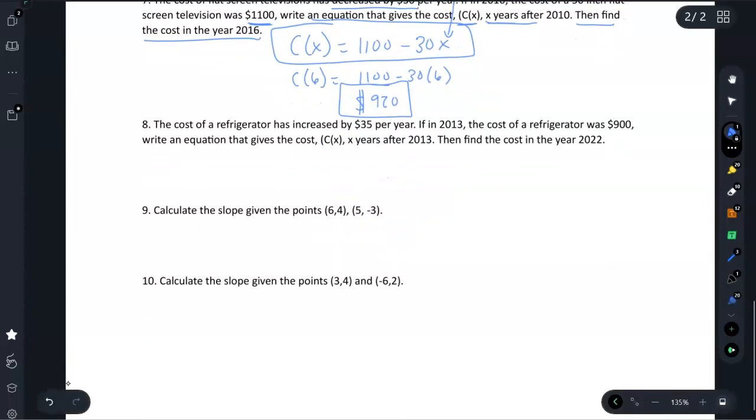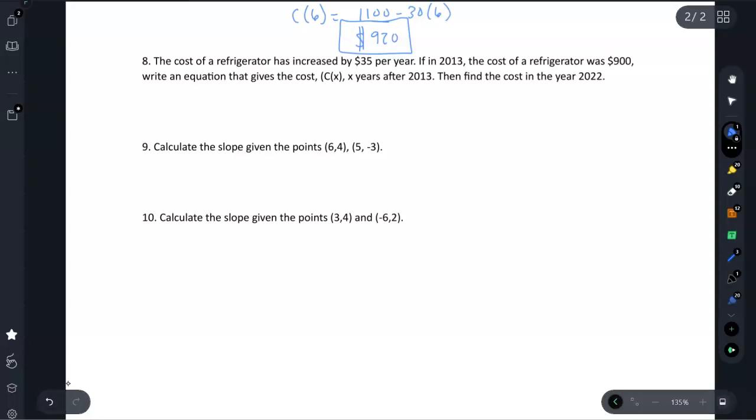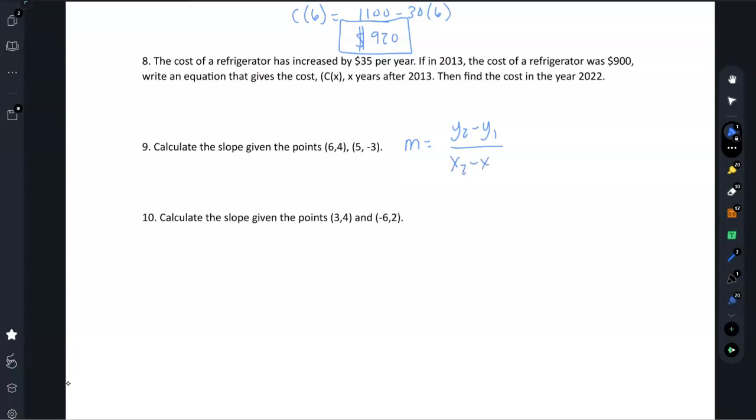And then the last one I'm going to do, number 9, calculate the slope given 2 points. So we have to remember that the slope is rise over run, where my rise is how much my y changes, so y2 minus y1. My run is how much my x changes, so x2 minus x1. I can call these x1, y1 here and here, and then this will be x2, y2 here and here.